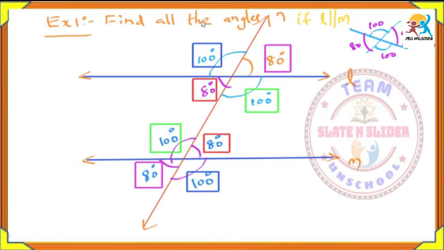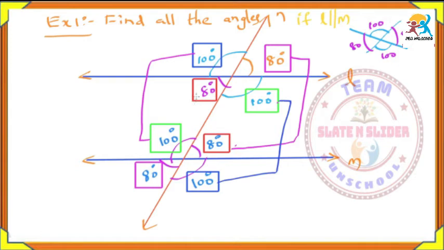So from that we can say that this 100 and this one, these two are corresponding angles, they are equal. And this 80 and this 80, two are corresponding angles. And this 100 and this 100 and this 80 and this 80.